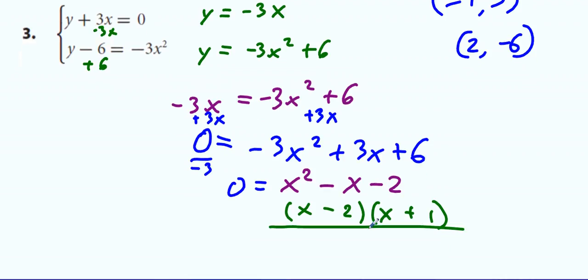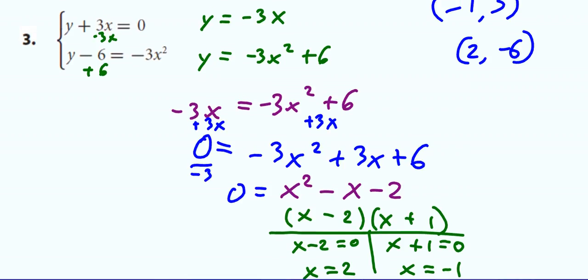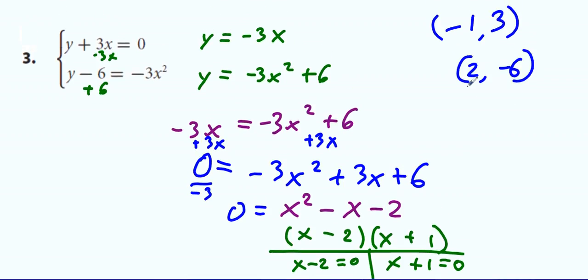So this is where we get our 2 answers for x. Solving each of these, x minus 2 equals 0, x plus 1 equals 0. So x equals 2 and x equals -1. If you look at the answers we got from the calculator, x equals 2, x equals -1. So we know we're on the right track.